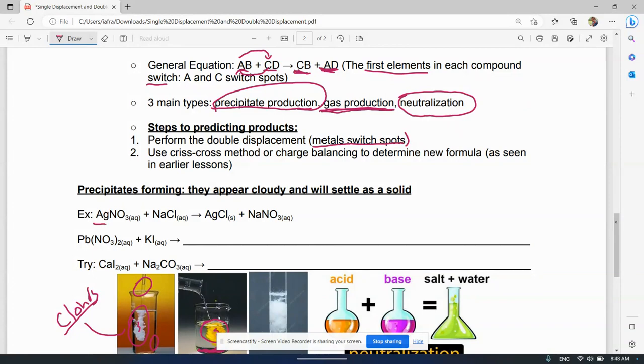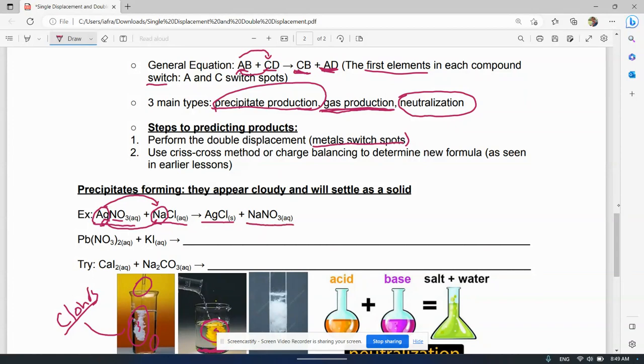So in this example here, we have silver nitrate reacting with sodium chloride. The metals are going to switch spots. So the silver will go where the sodium is, and the sodium will go where the silver is. In other words, the silver ends up with the Cl. You have AgCl over here. And the sodium ends up with the nitrate. You have sodium nitrate over here.